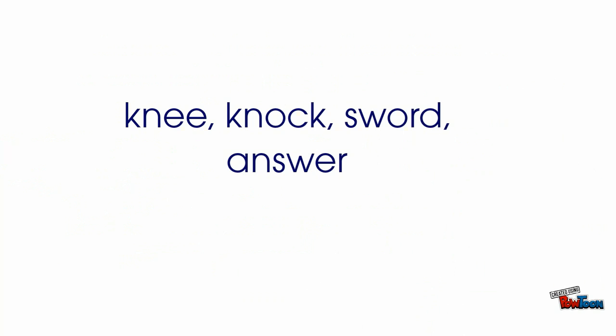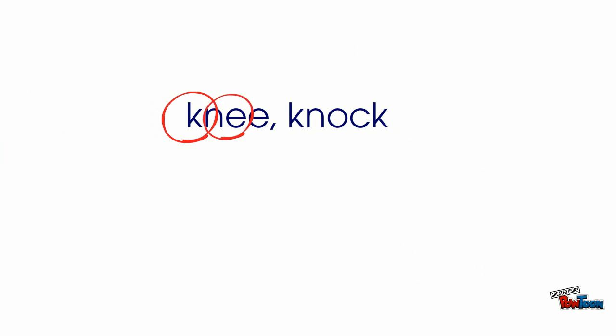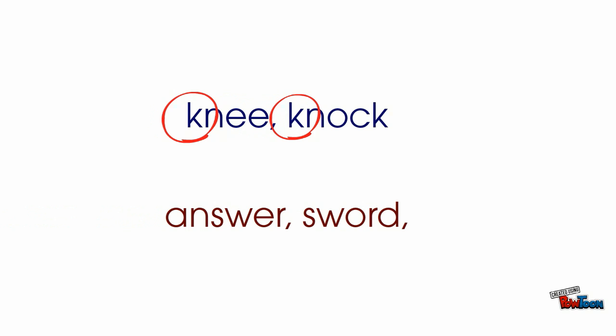Can you see the silent letters in these words? What are they? We've got a silent K in knee, knock, and they used to be pronounced kni, knock from the Viking Old Norse language. And we've got a silent W in answer and sword. The silent letters all used to be pronounced.